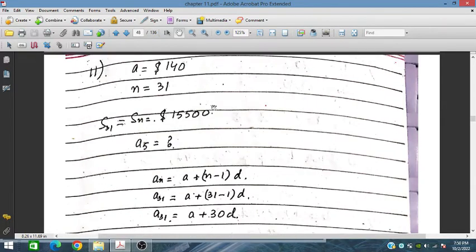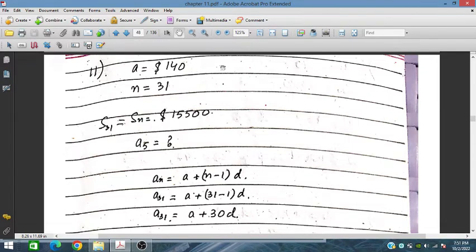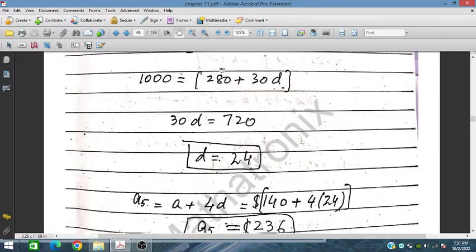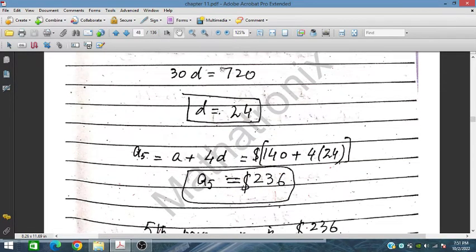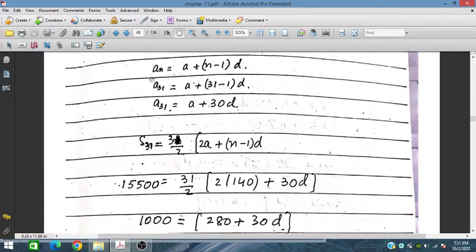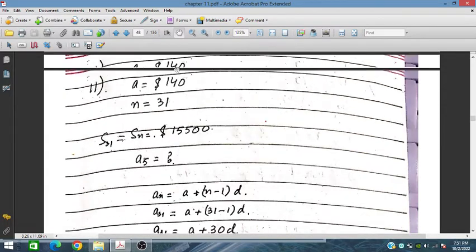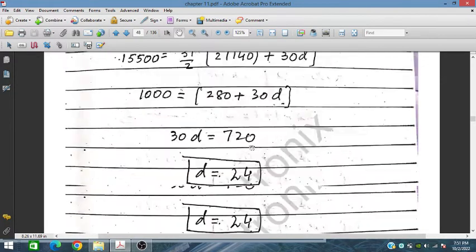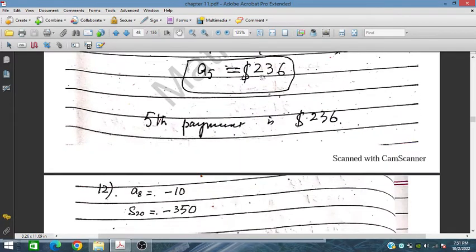Initially he paid $140. In the second term he increases it by $24, and this is 3 times 24, 4 times 24 plus 140. So this is $236.